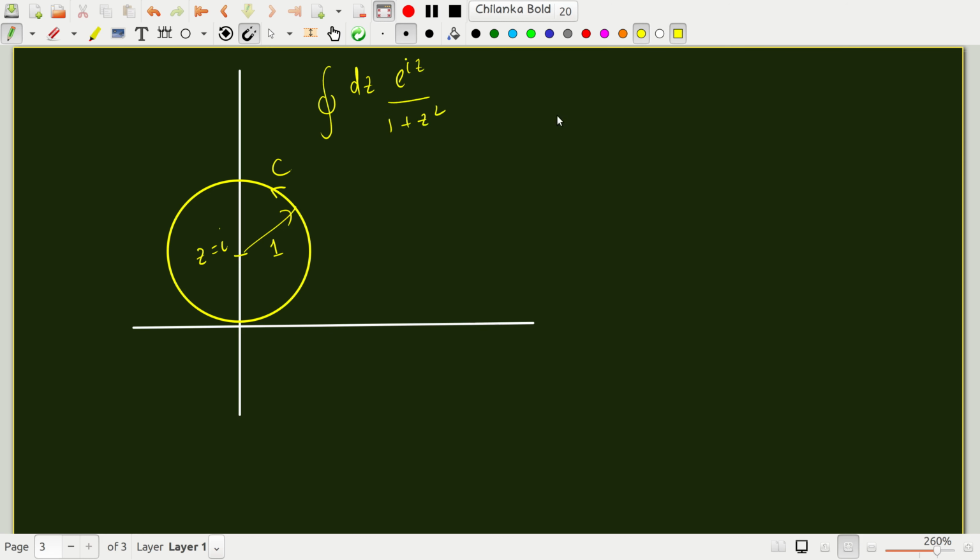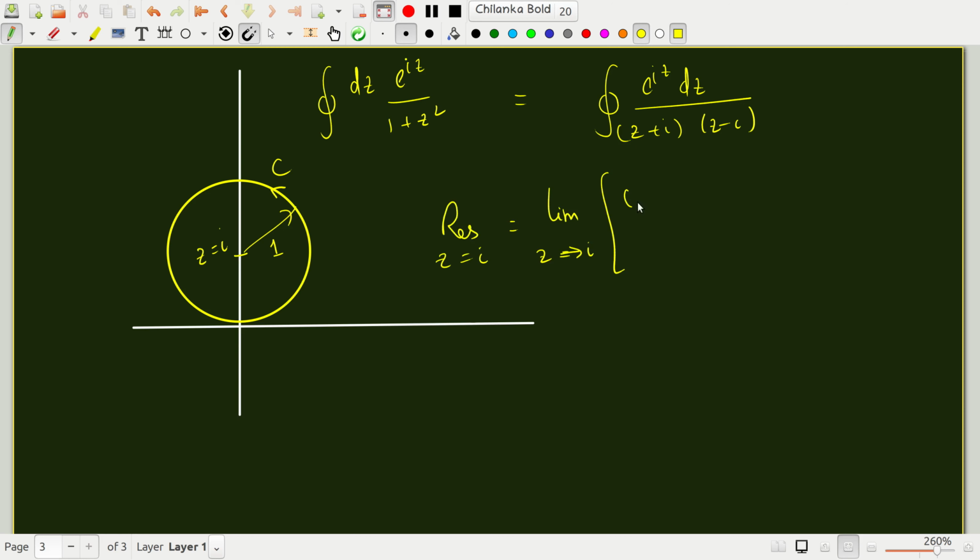Now you should write this as the integral of e to the i z dz over z plus i times z minus i. Now use the residue theorem. The residue of the function at z equal to i is the limit as z tends to i of z minus i times e to the i z over z plus i, z minus i.